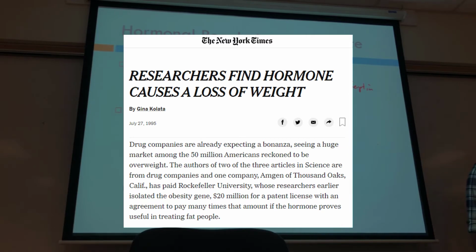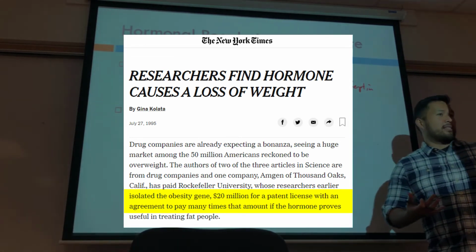And so Amgen bought the rights to leptin. They created their own version of leptin and, I think this was back in the 90s, dumped about $20 million into this whole project. They thought they had found the secret for bringing weight loss, essentially bringing down body fat in people.